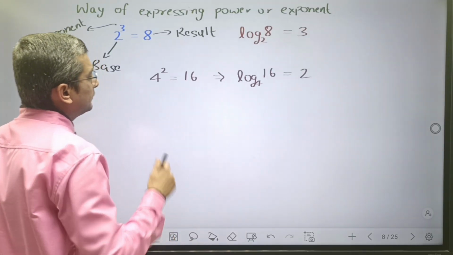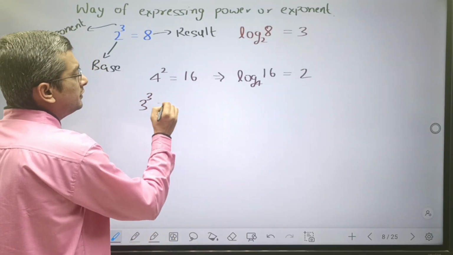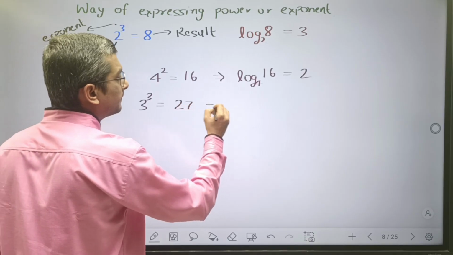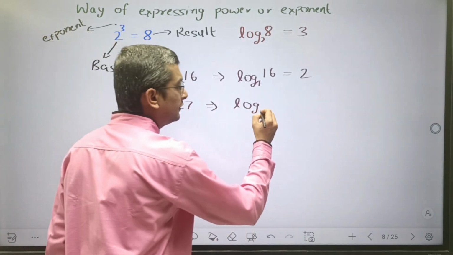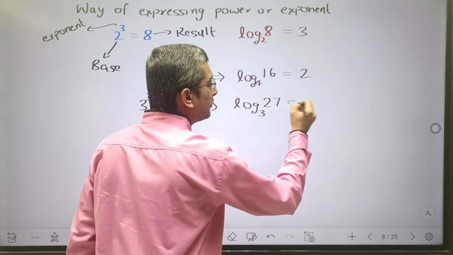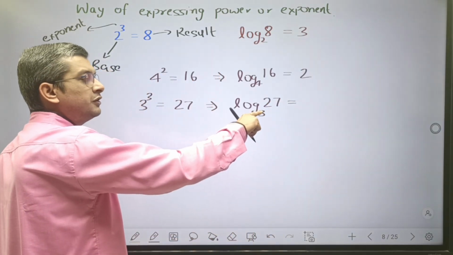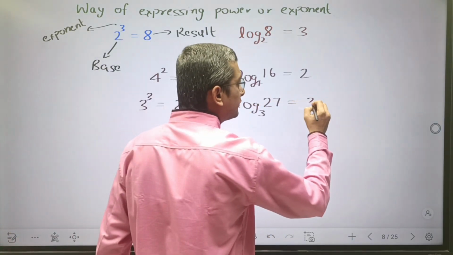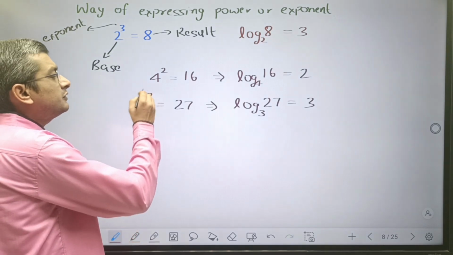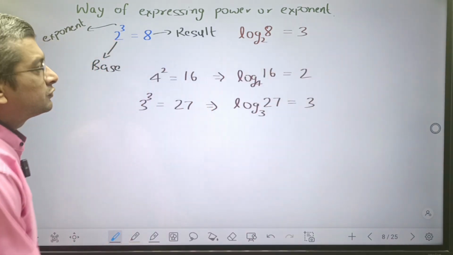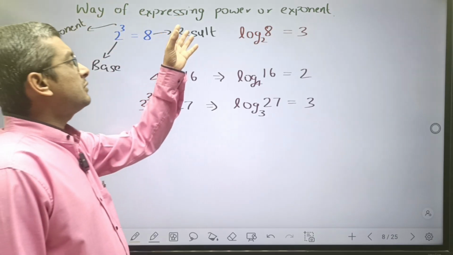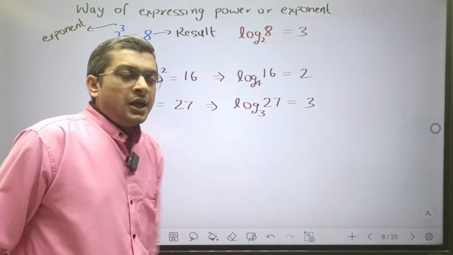Suppose I write 3 cube is equal to 27. Again we write log base 3, result is 27. What power is 3 raised to, to get 27? The answer is 3. Whatever comes in the power, we get it on the right side. That's why I have written that log is nothing but a way of expressing power or exponent.